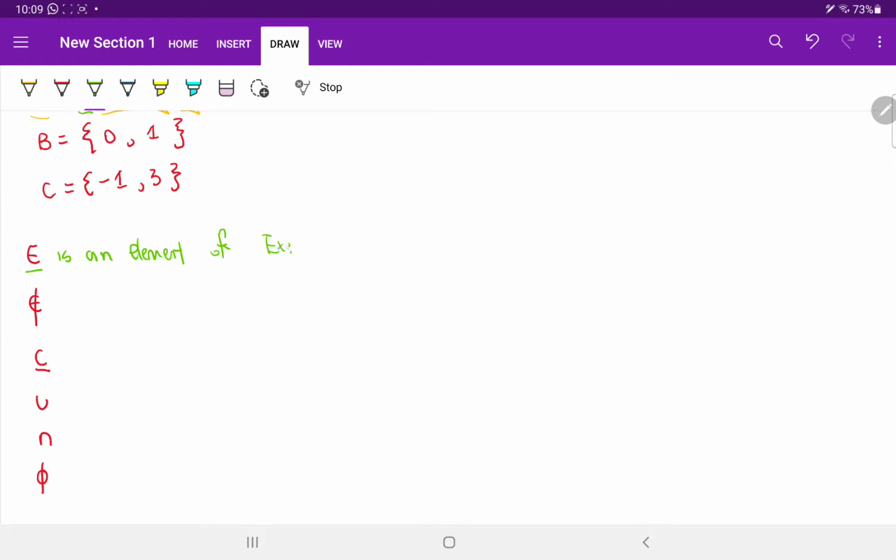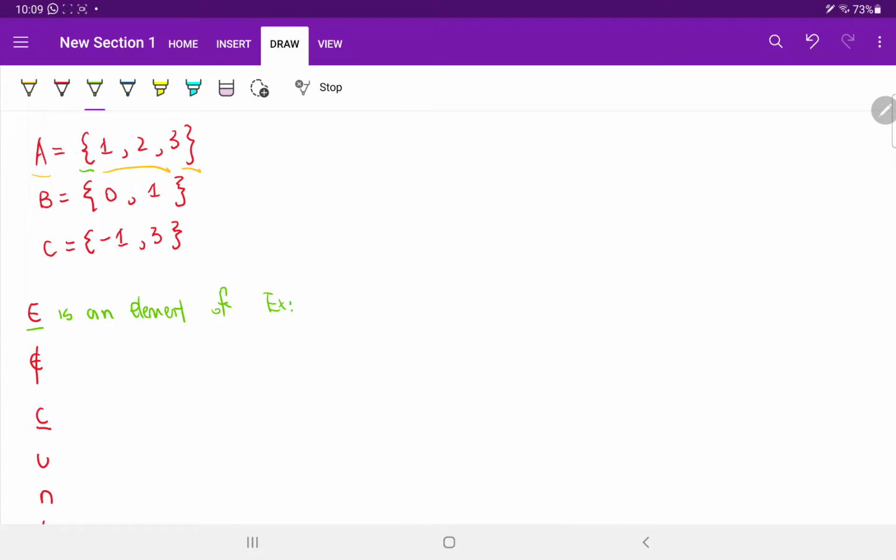So what would be an example? Well, let's look at set A. Set A has 1, 2, 3. So 1 is an element of set A, right? We will simply write it as 1, this sign, A. In English, it should be "1 is an element of A."